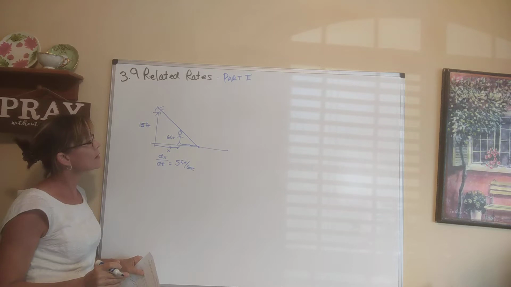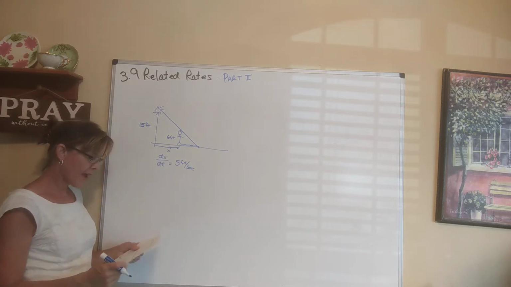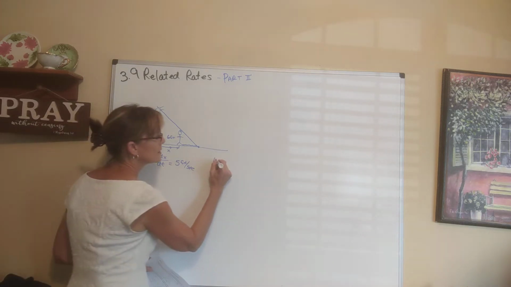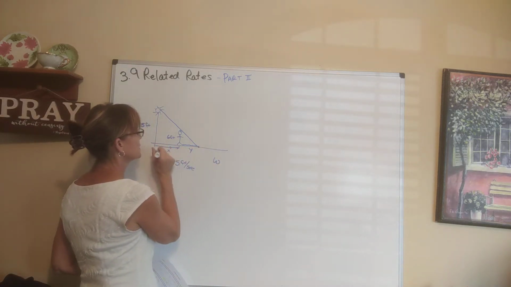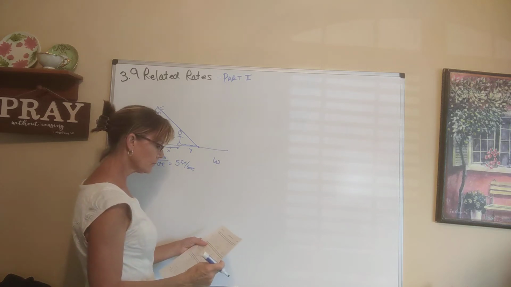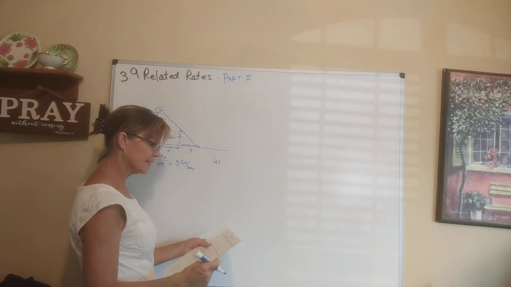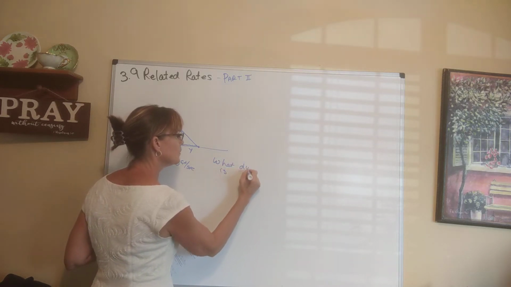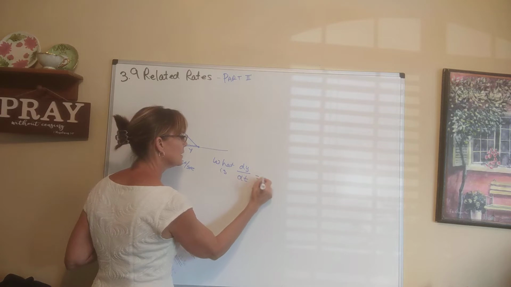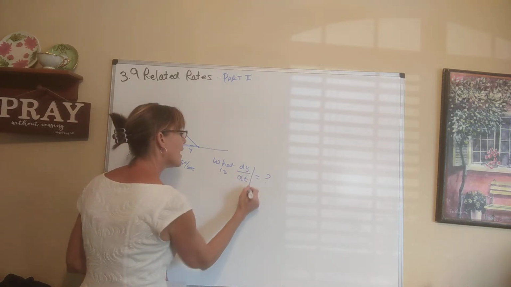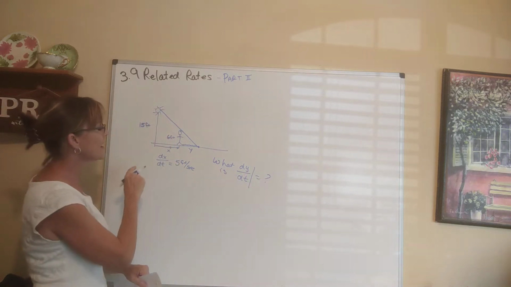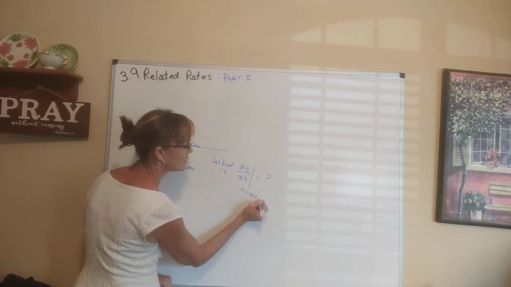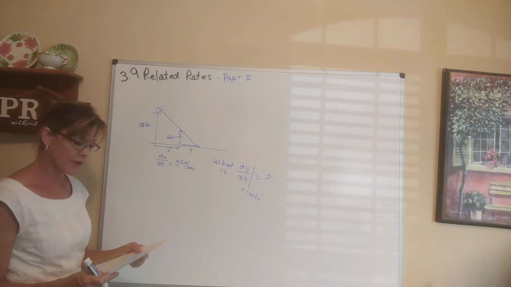And what they want to know is how fast is the tip of the shadow moving? I'm going to call his shadow distance y. How fast is dy/dt, at the point in time when the man is 40 feet, when x is 40 feet from the pole? That's what we have to figure out here.